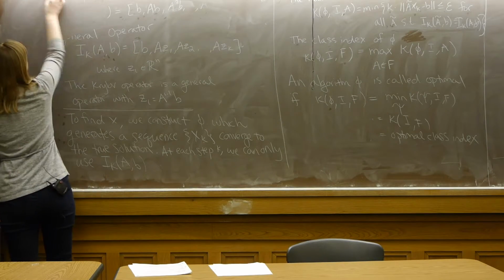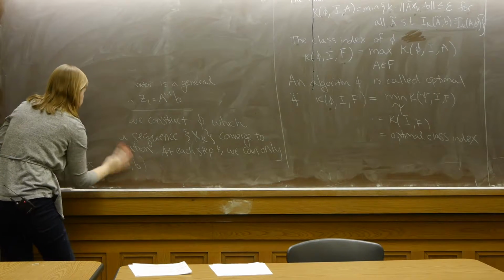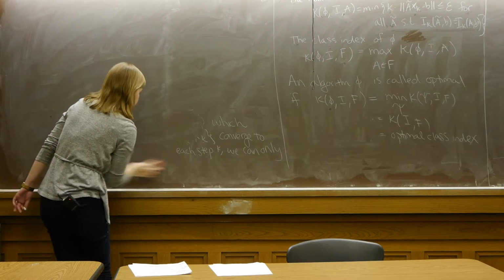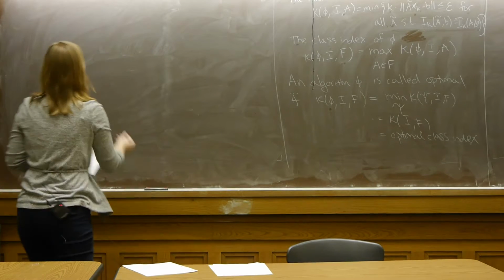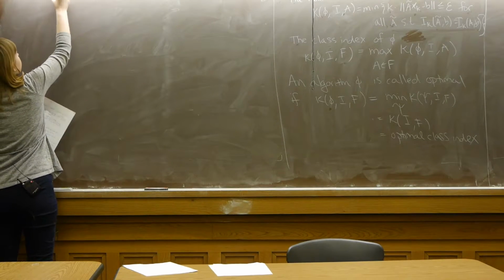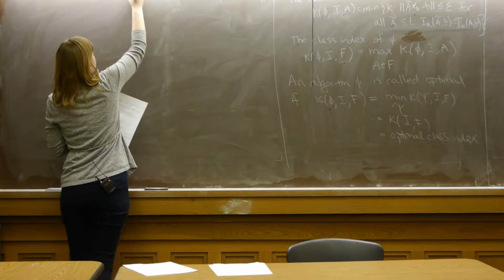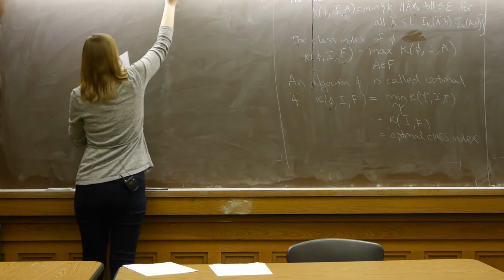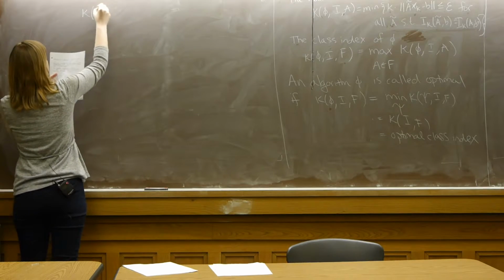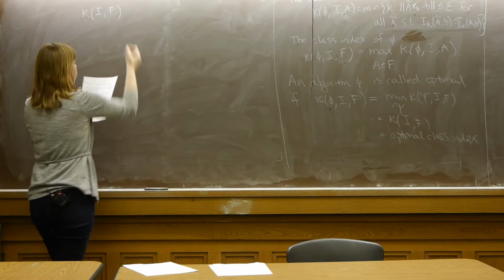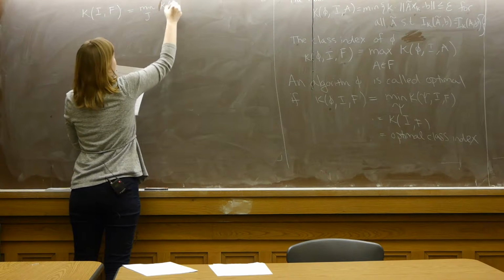And we have one more layer of optimality, which would be optimal information. So information I is optimal if the optimal class index for I is equal to the minimal class index over all information.